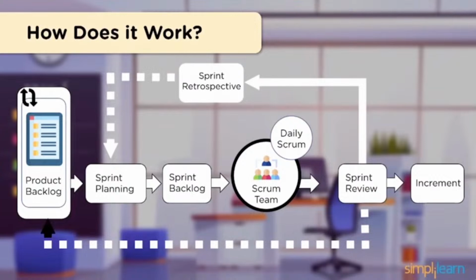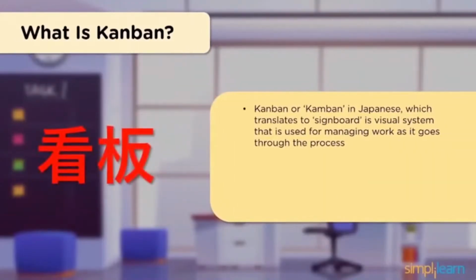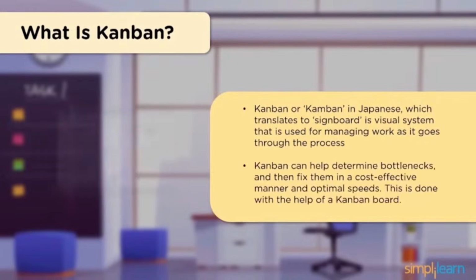So now that we know how Scrum works, let's have a look at Kanban. Kanban comes from the Japanese word kanban, which literally means signboard. Like Scrum, Kanban is a popular agile framework that is a visual system by which the work can be managed with ease as it progresses. Kanban uses something known as the Kanban board to make this possible.